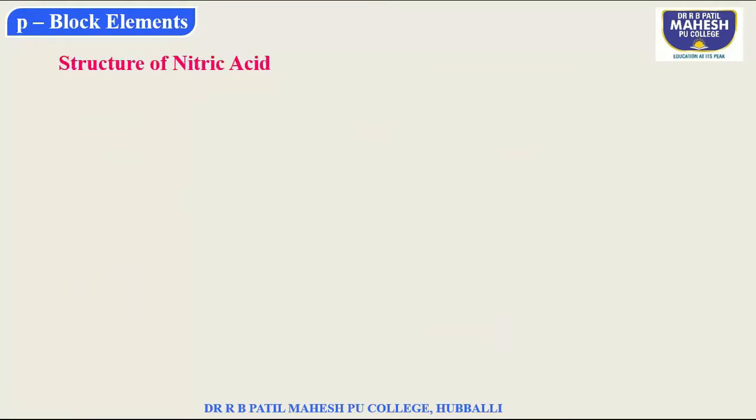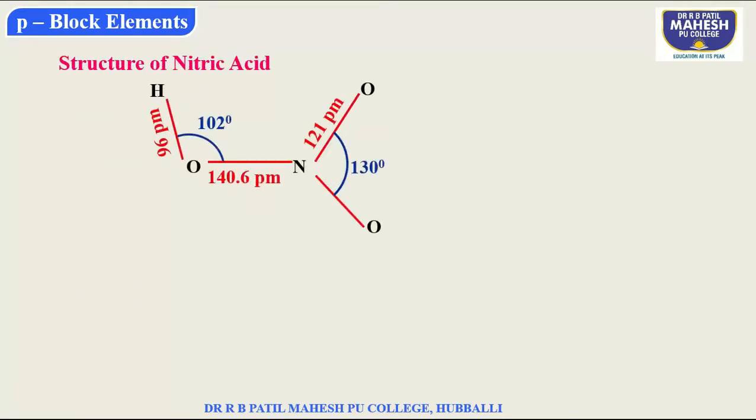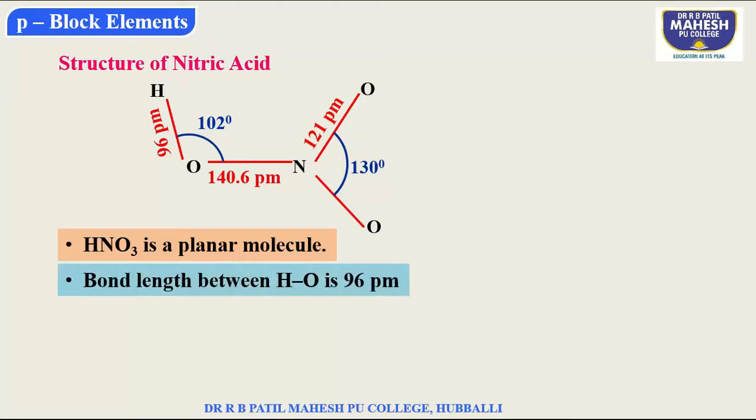Structure of nitric acid. Nitric acid has a planar structure as shown in this diagram, and in the case of nitrogen, oxygen bond angle is 130 degree, whereas nitrogen bond angle is found to be 102 degree. Nitric acid is a planar molecule.